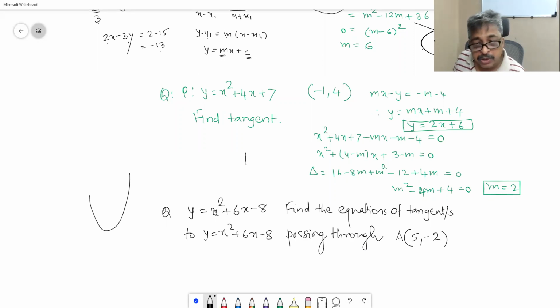Hopefully 5 comma minus 2 is not on this. 25. So okay. This is the point which is not on parabola.